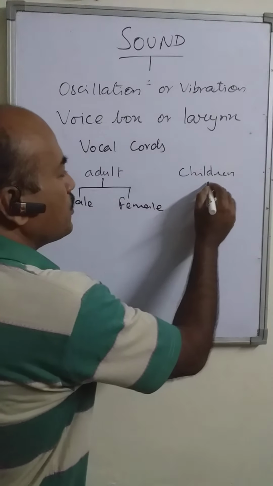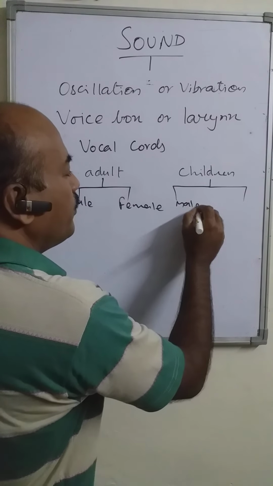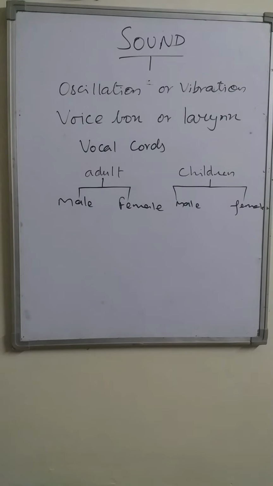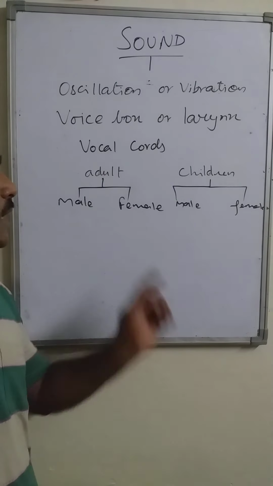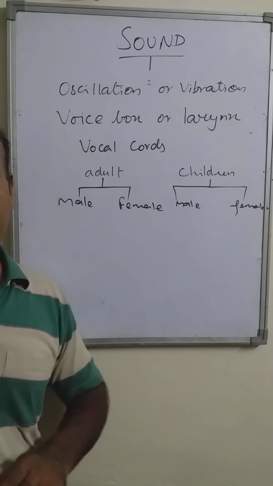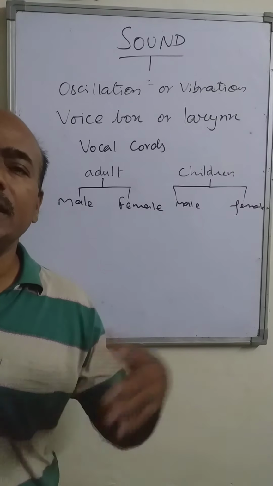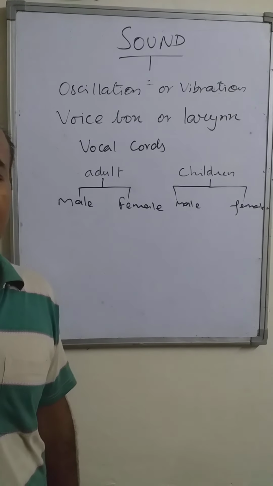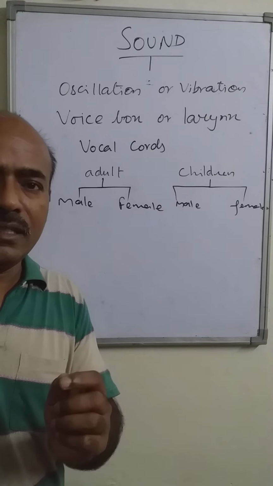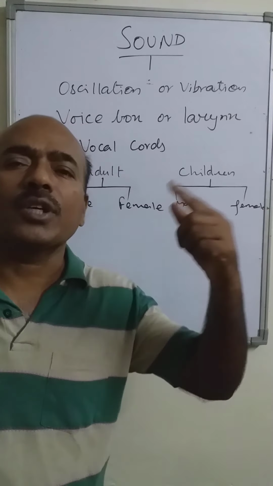In children also, the same two categories, male and female. So, at last we have four categories. The sound from all these four categories is different. The reason behind this is the structure of vocal cords.